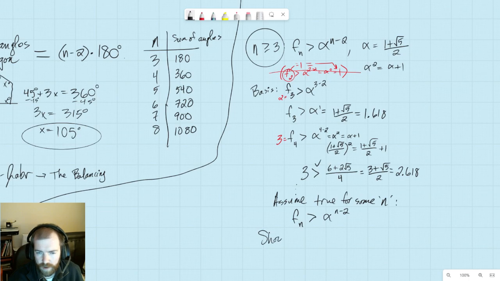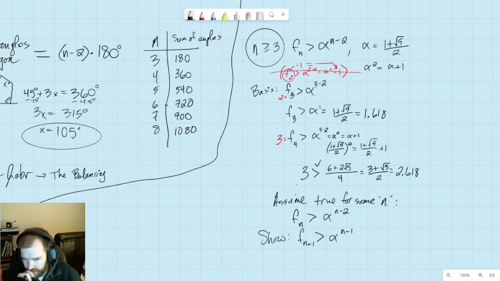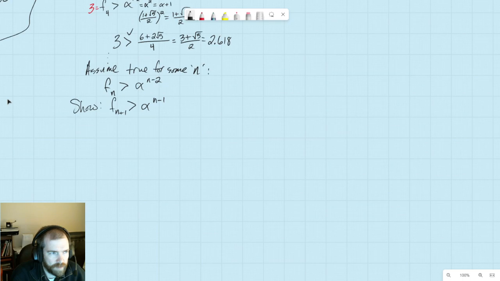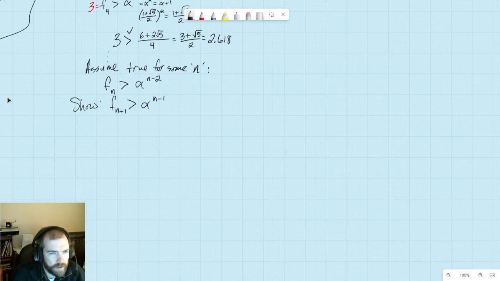Now we need to show that this works for f sub n plus 1 being greater than alpha to the n minus 1. With it being greater than, that's kind of tricky. So we have to get from here to there.